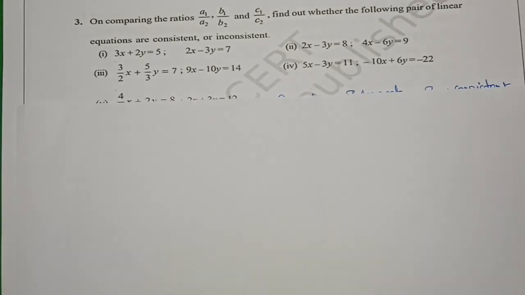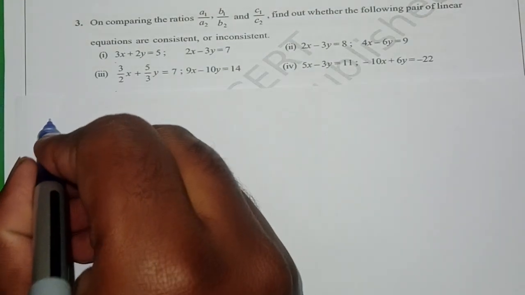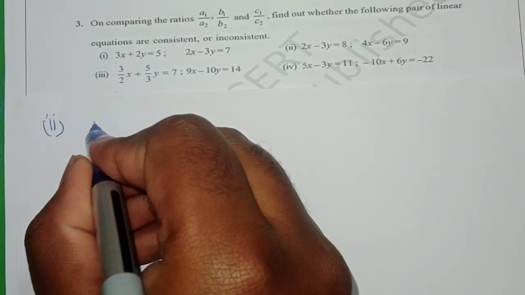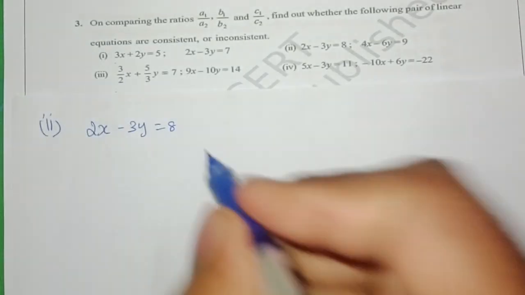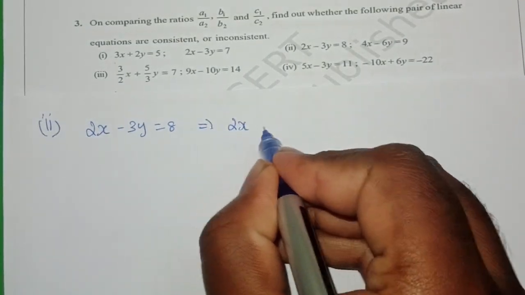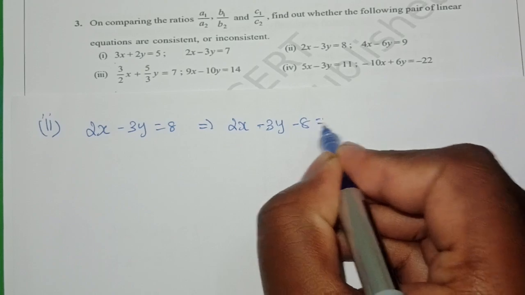The second subdivision states 2x minus 3y equal to 8. Directly we rearrange it: 2x minus 3y minus 8 equal to 0.